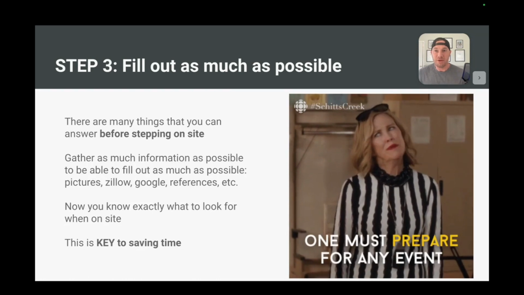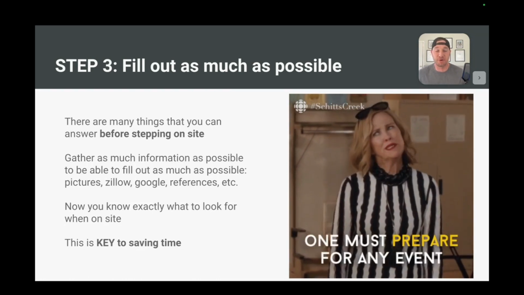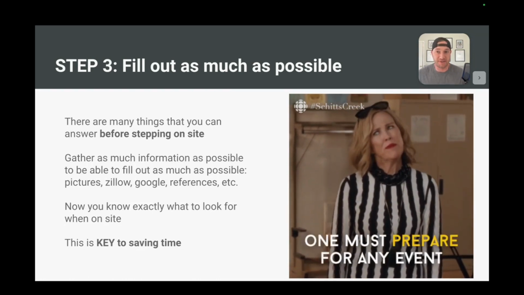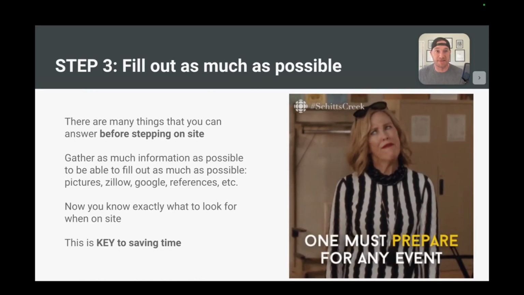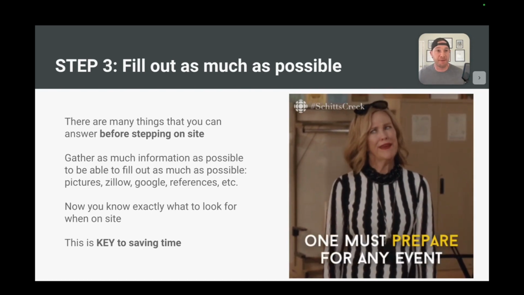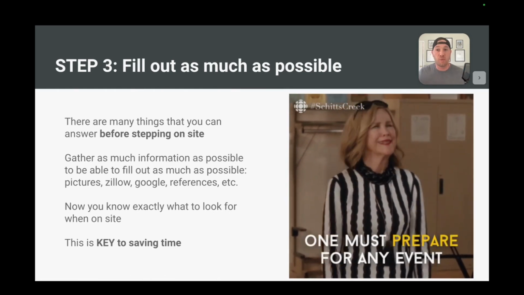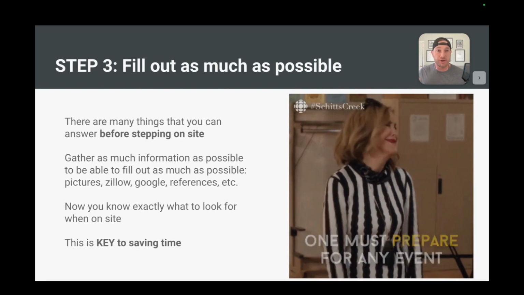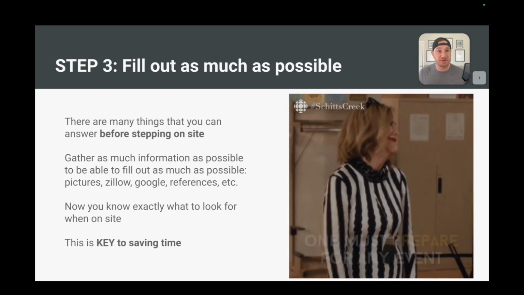Anyway, you have to fill out as much as possible before your site visit, okay? There are many things that you can answer before stepping on site. You already might know what kind of siding you want, what kind of roofing, what kind of cabinets, countertops, tile. If you already know these things, why not fill these out before you step on site? Because here's a great thing.